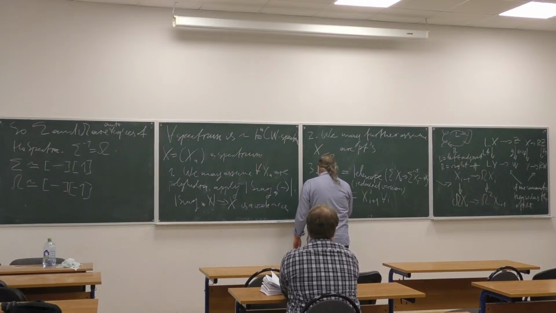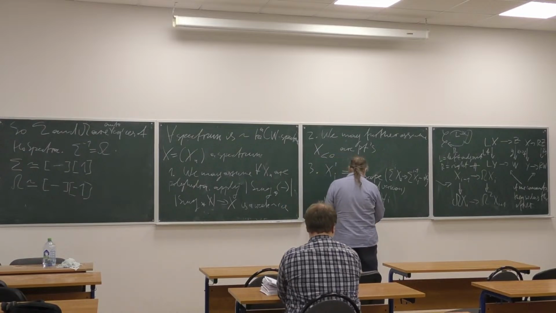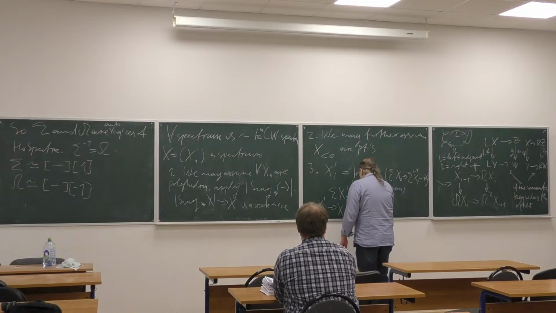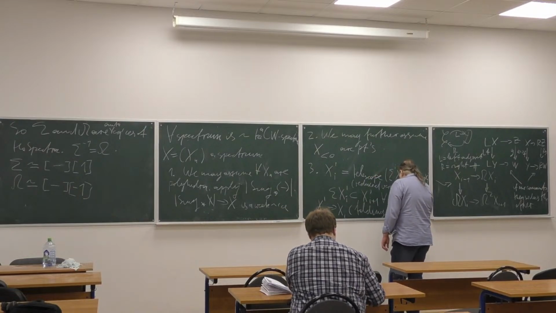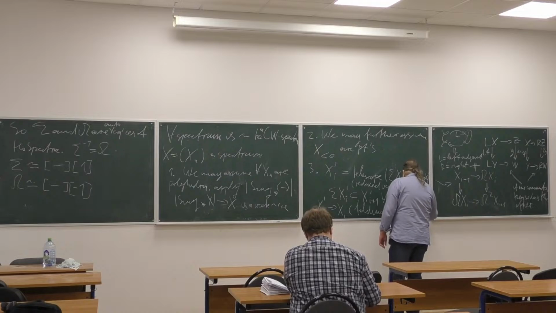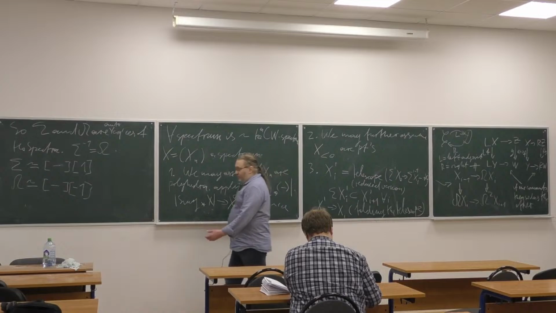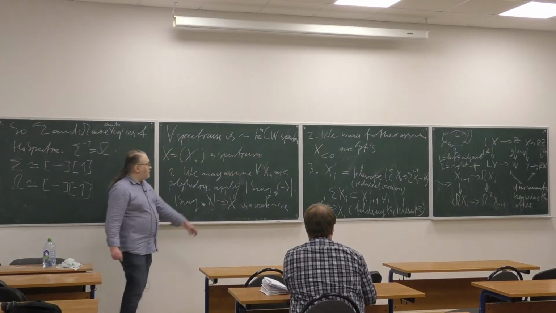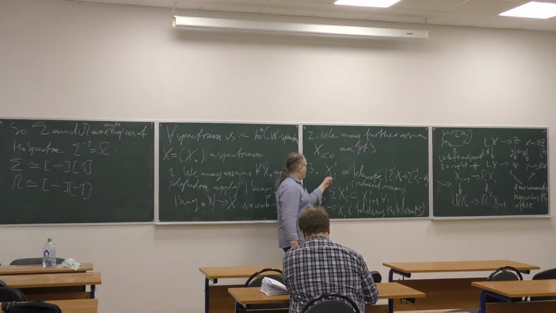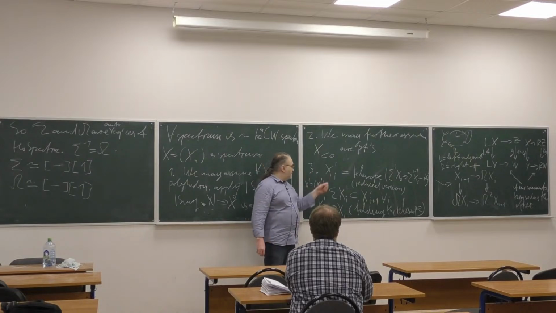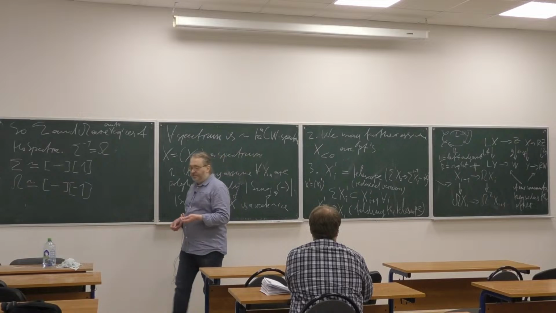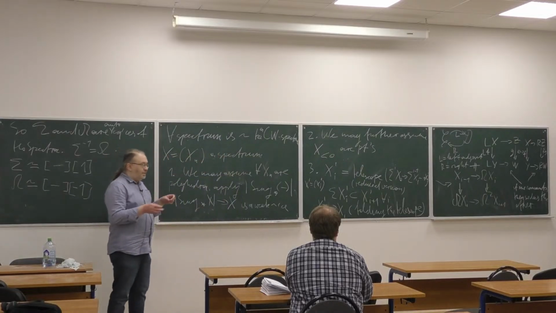Well, the map we want goes from x prime to x, and on the level of the components, it just folds the telescope.